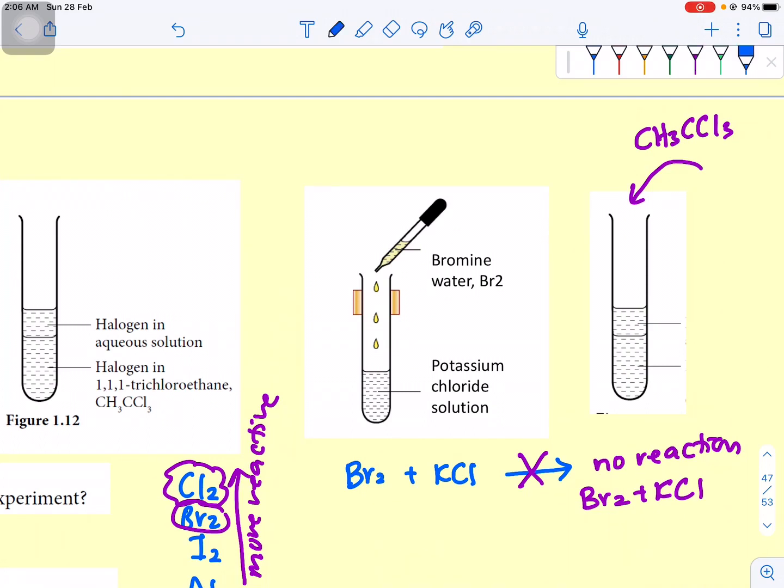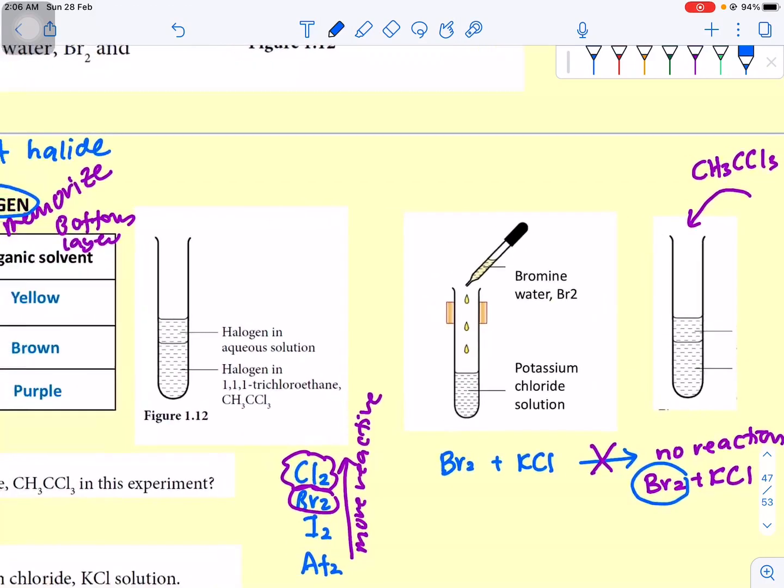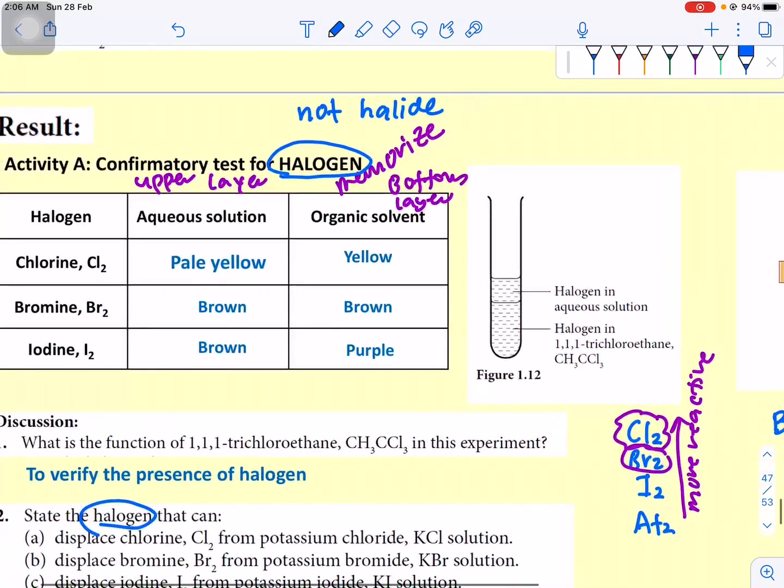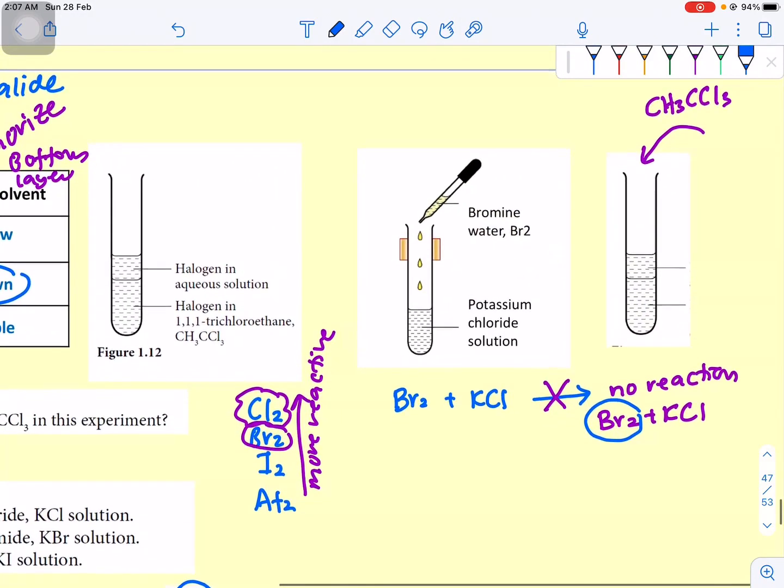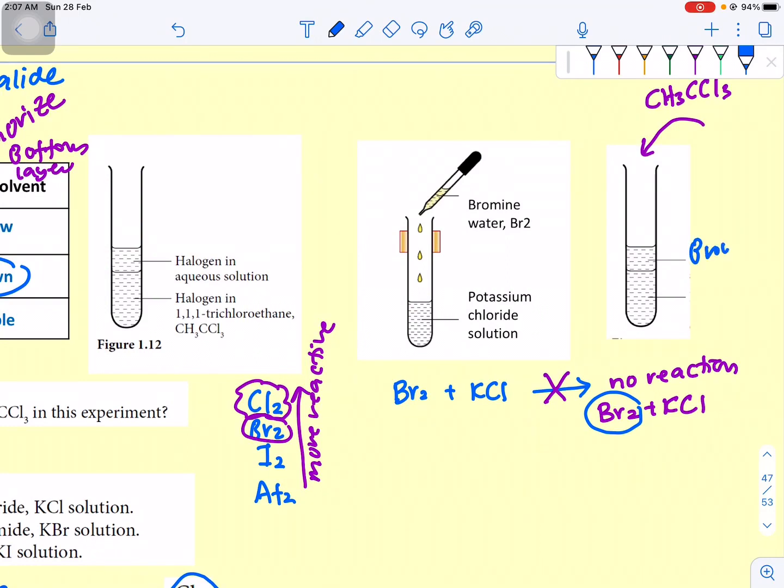What is our halogen? Our halogen is still bromine, not chlorine. So how do we tell people there is really no reaction? We have to prove it. To prove there is bromine in there, we add 1,1,1-trichloroethane. Based on our knowledge, this must be memorized: if we have bromine, the upper layer is brown and the bottom layer is brown. So what we are going to see here, upper layer is brown and bottom layer is brown. So it matches the observation before this. So confirm there is no reaction for this sample.